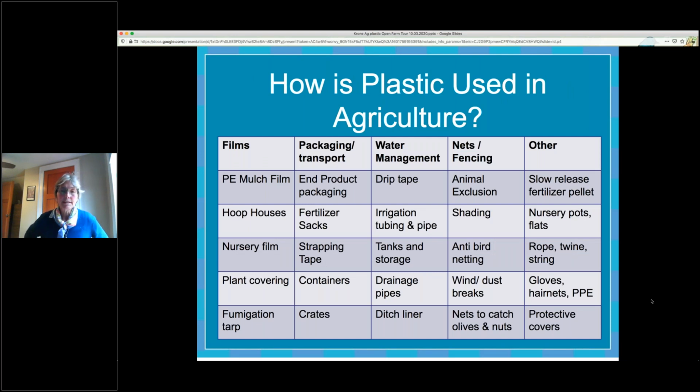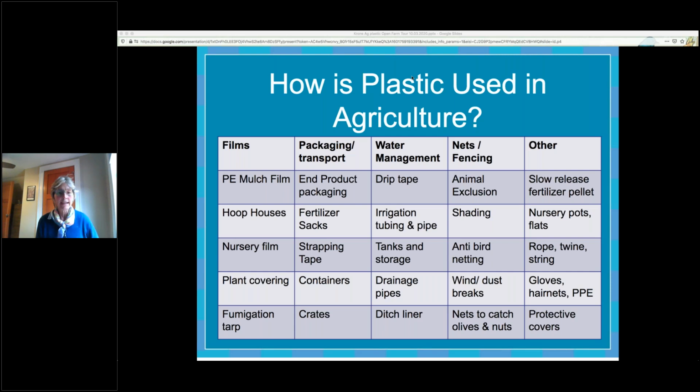So plasticulture is a term that's been coined in agriculture for plastic that is used in agriculture. And that's in recognition that plastic is very important to agriculture. It has many functions, it has many uses, and it's used as a film, as a film for polyethylene mulch that's used to prevent weed growth, to increase soil retention, to prolong the growing season.